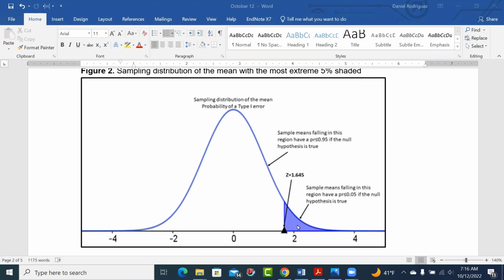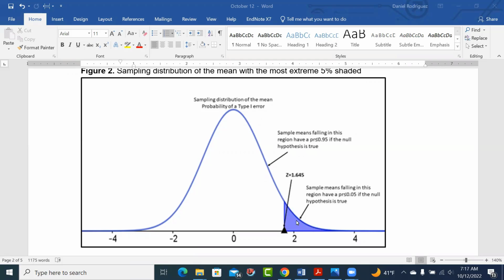So if I calculated something and it has a z value of 2, right, and I said that my acceptable level of a type 1 error is 5%, the z value associated with an alpha of 5% is 1.645, right? So anything larger than that value would be okay for me, because I could still be wrong, right? I could say that my sample doesn't belong to the population, and it actually does, because we can have extreme values in populations.